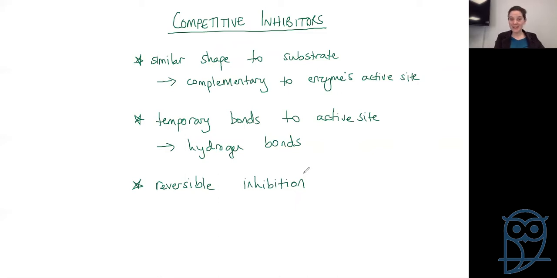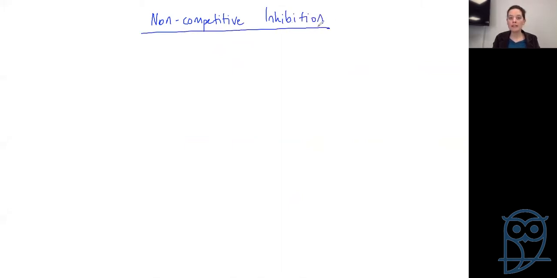Where things get more interesting is when we get into then non-competitive inhibition. So non-competitive inhibition, something is different now between our substrate and our inhibitor so that they don't compete with each other.